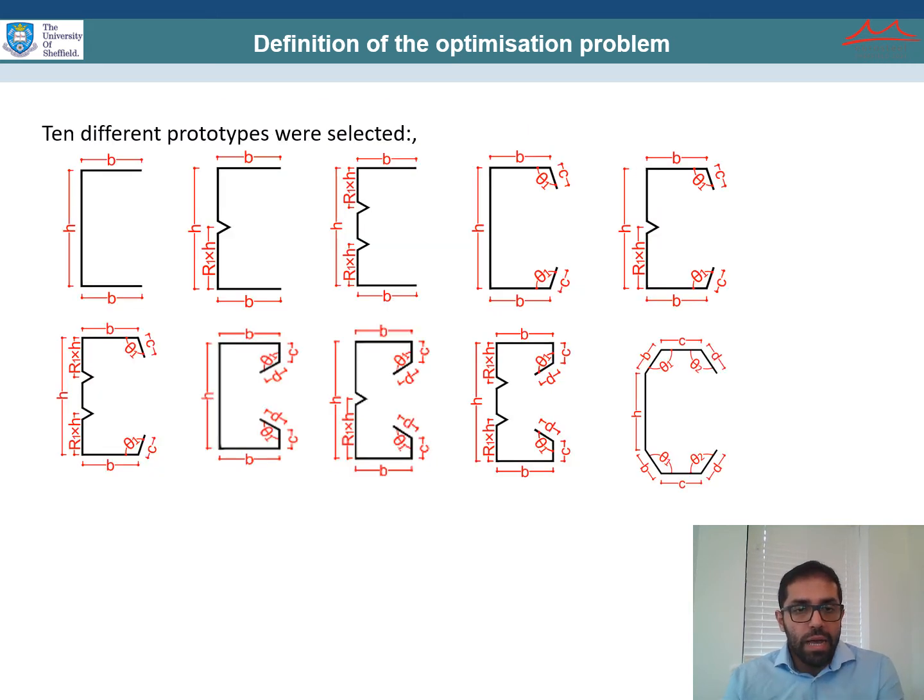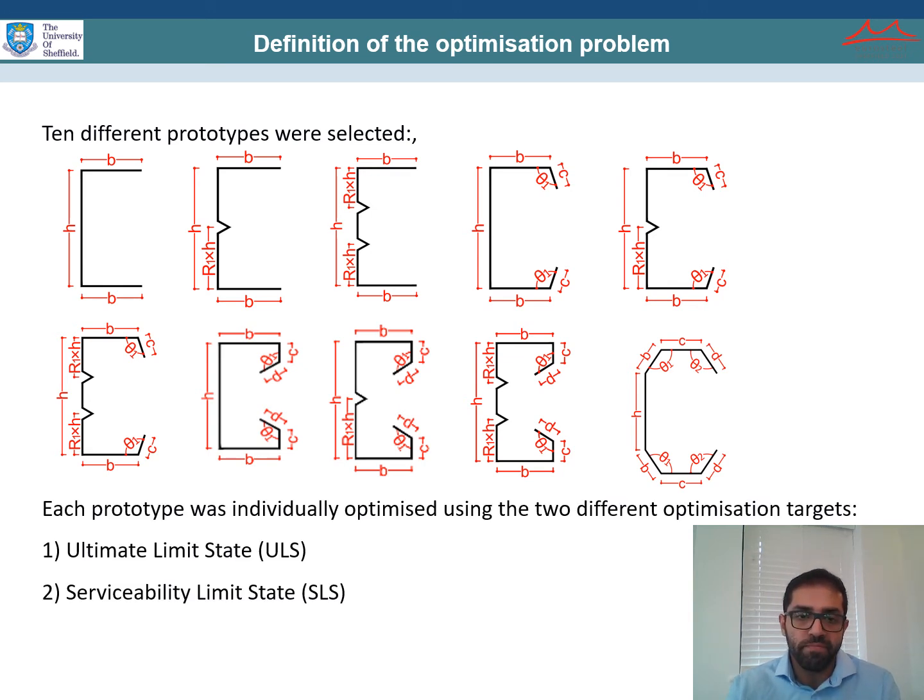And 10 different prototypes were selected, and as you can see, we try to have unlipped section or plain section, and also consider the effect of the lips, the lipped channel, and also double folded lips, and intermediate web stiffener, and also folded channel, which is a newly developed channel, and it was developed at the University of Sheffield.